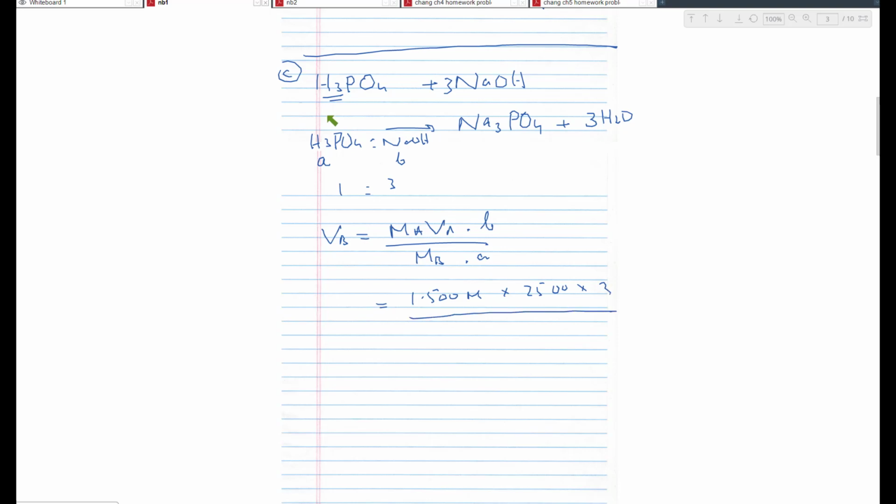MB is 1.420, and the coefficient of acid is 1. Molarity cancels, and mL is going to be the answer. I'm getting 79.23 mL. How much? 79.23 mL of NaOH. You're right.